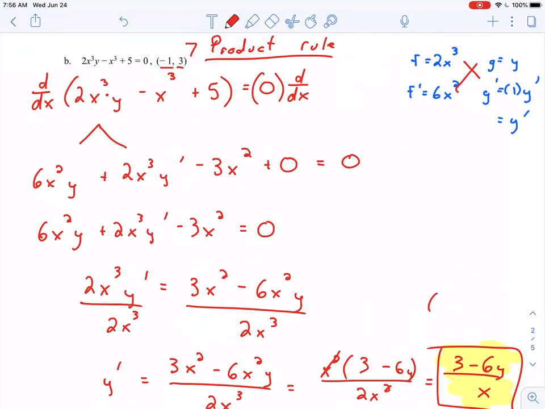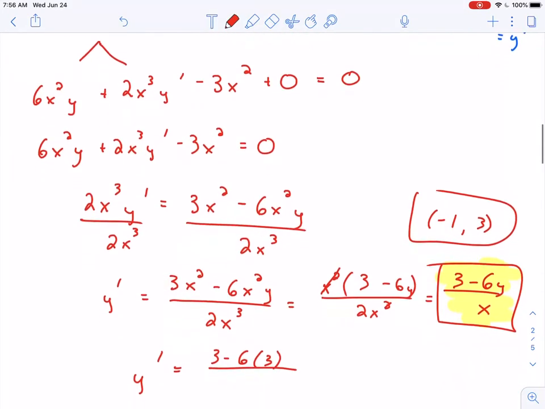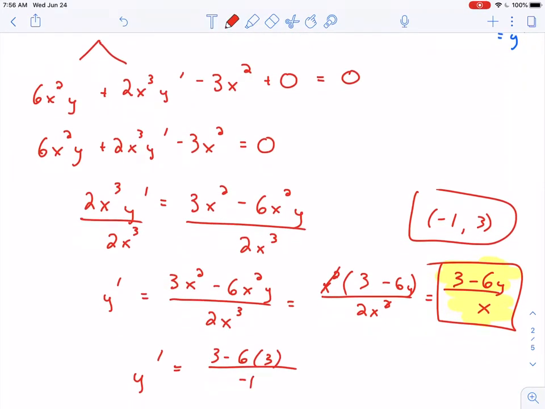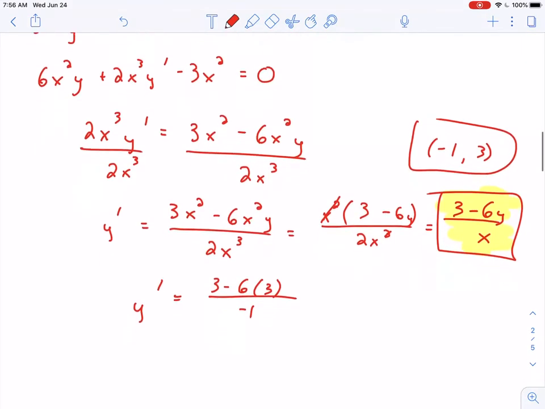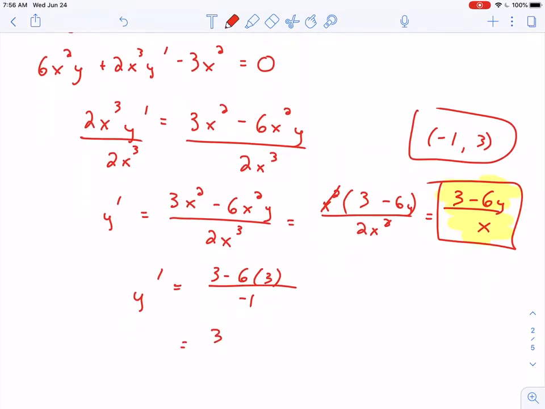Let me write it down. Negative 1, 3. So divided by my x value of negative 1. And I'm just evaluating this expression here. So I have 3 minus 18 divided by negative 1. This is negative 15 divided by negative 1 gives me a positive 15.